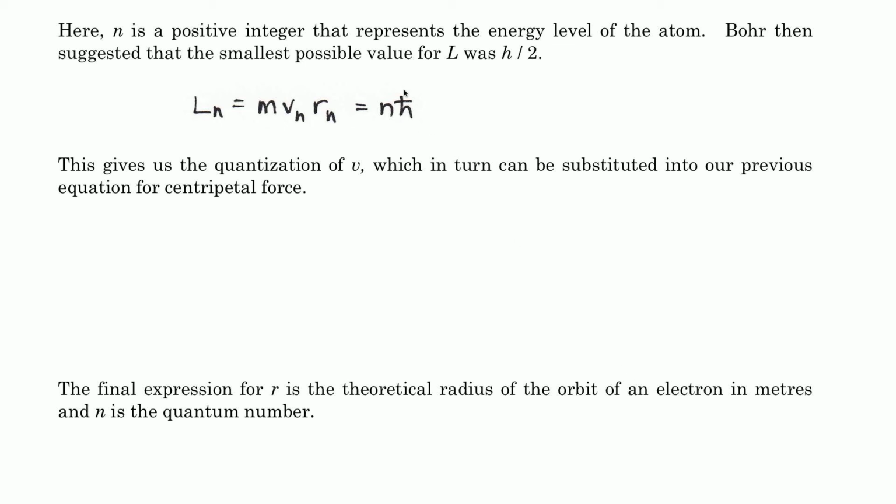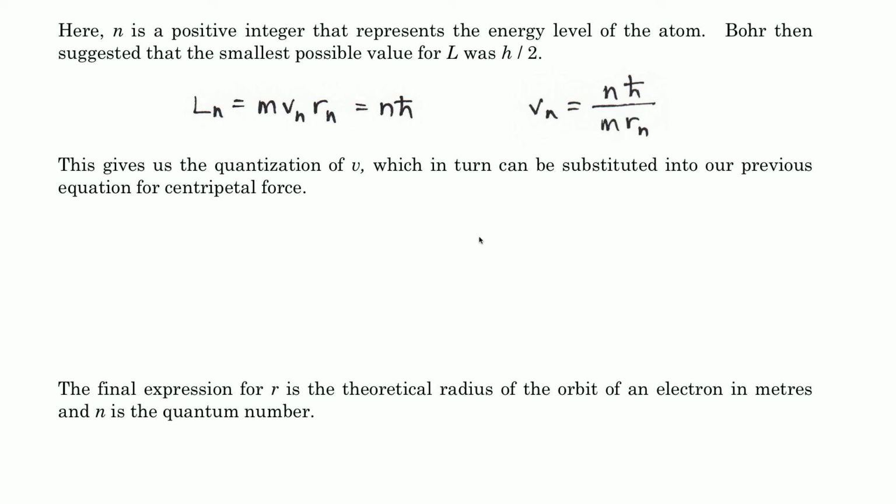And h bar happens to be just another constant. We can talk about that in a minute. h bar is really just h over 2 pi. So if I rearrange this little equation right here, I get this value for velocity, which is n h bar over m times rn, right? Which gives us the quantization of the velocity.